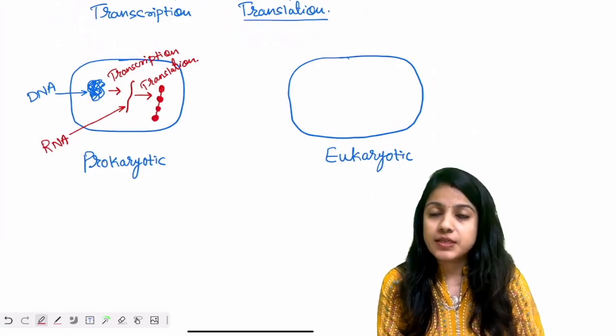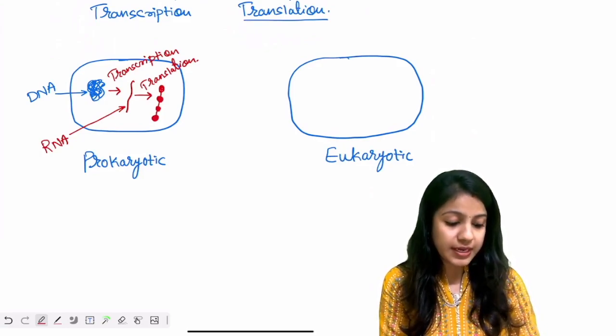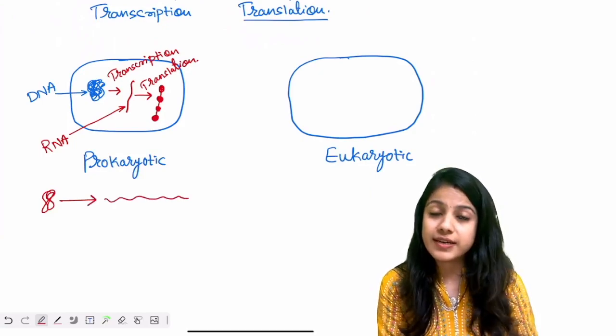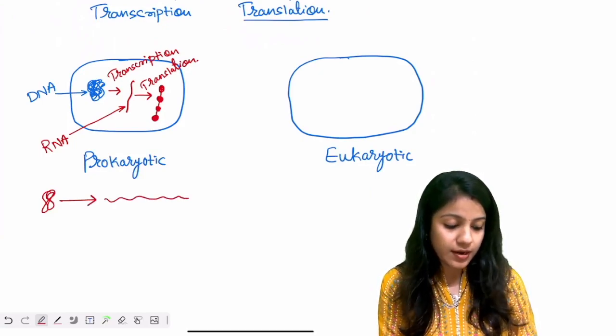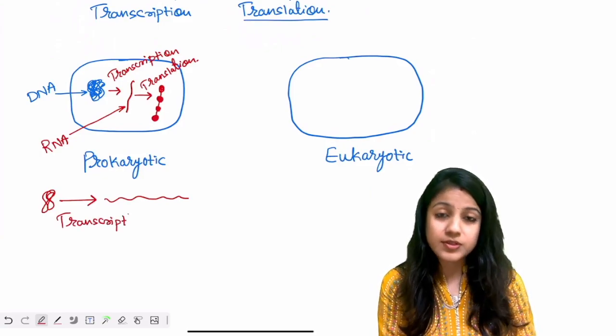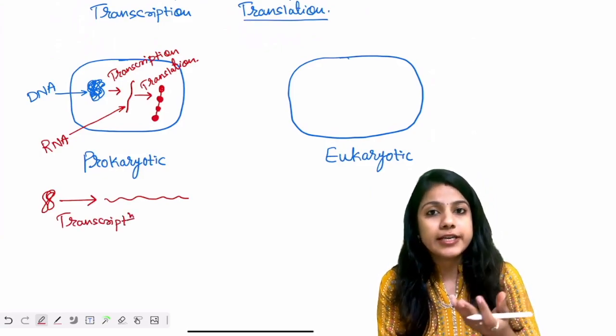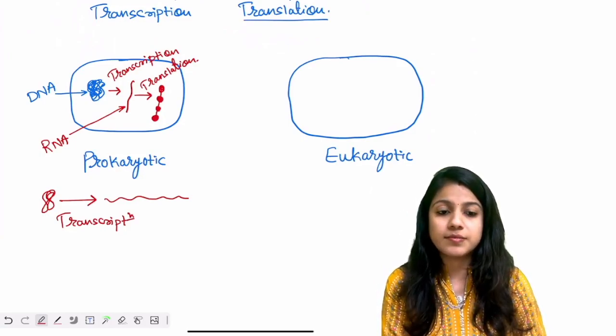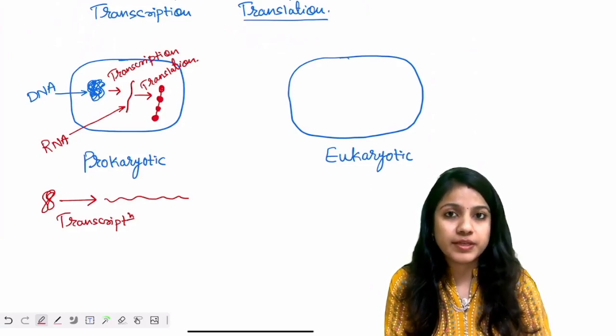Now what happens in a prokaryotic organism: the time when DNA is being used for the formation of single-stranded RNA, that means when the transcription process is happening, it is not yet completed.